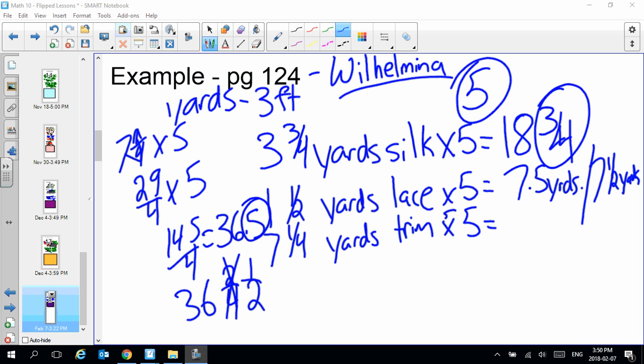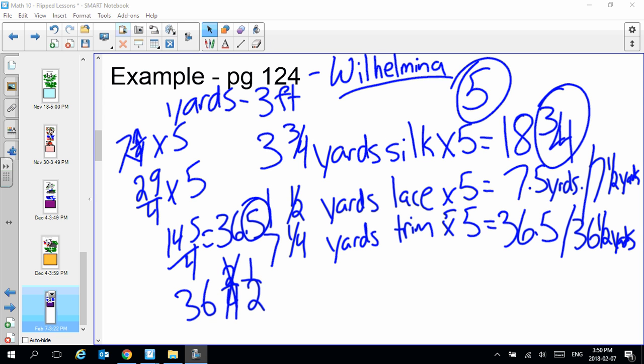So I get 36.5 or 36 1/2 yards. Okay, so that's how we do those particular questions.